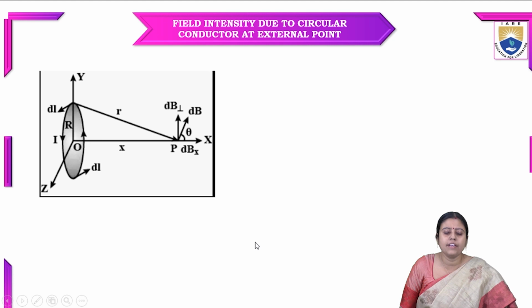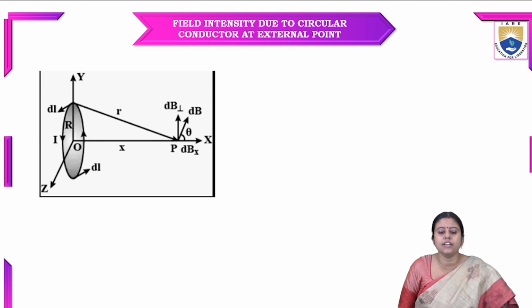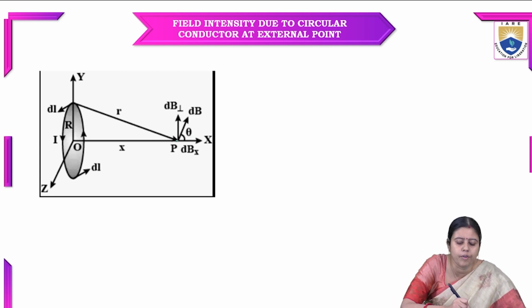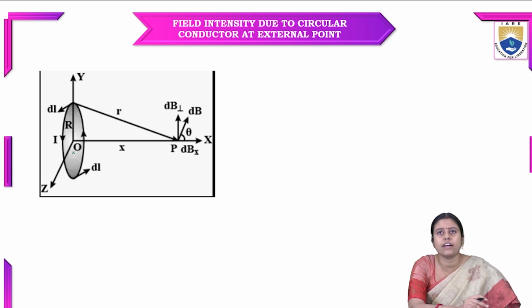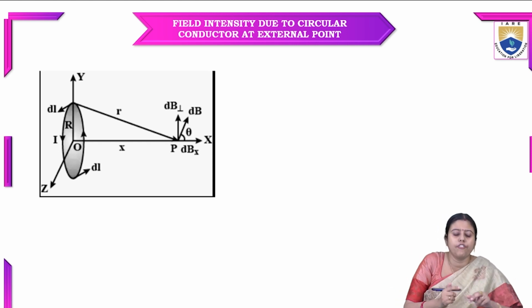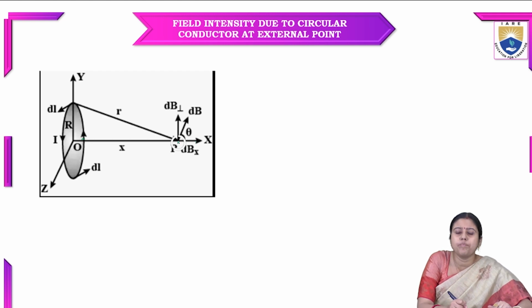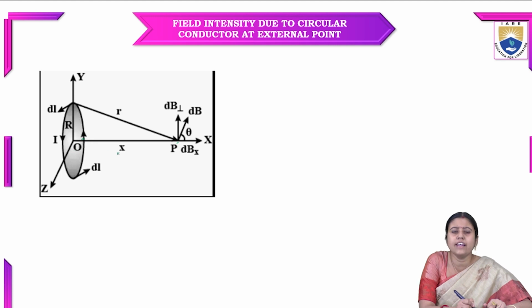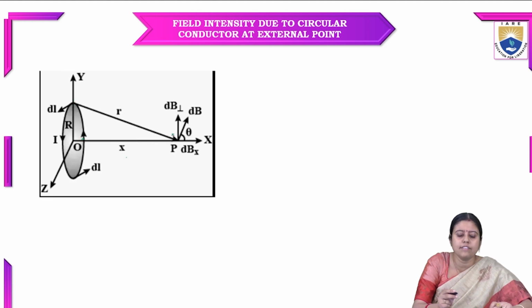Now the second part is we have to calculate the field intensity due to the circular conductor at an external point. So again we have a circular conductor, so flux will go out on all sides. We want to calculate the field intensity at an outer point P, and say that the radius of this is capital R. The distance of the point P from the center is x, and the distance from the perimeter of the circle we are taking as small r.